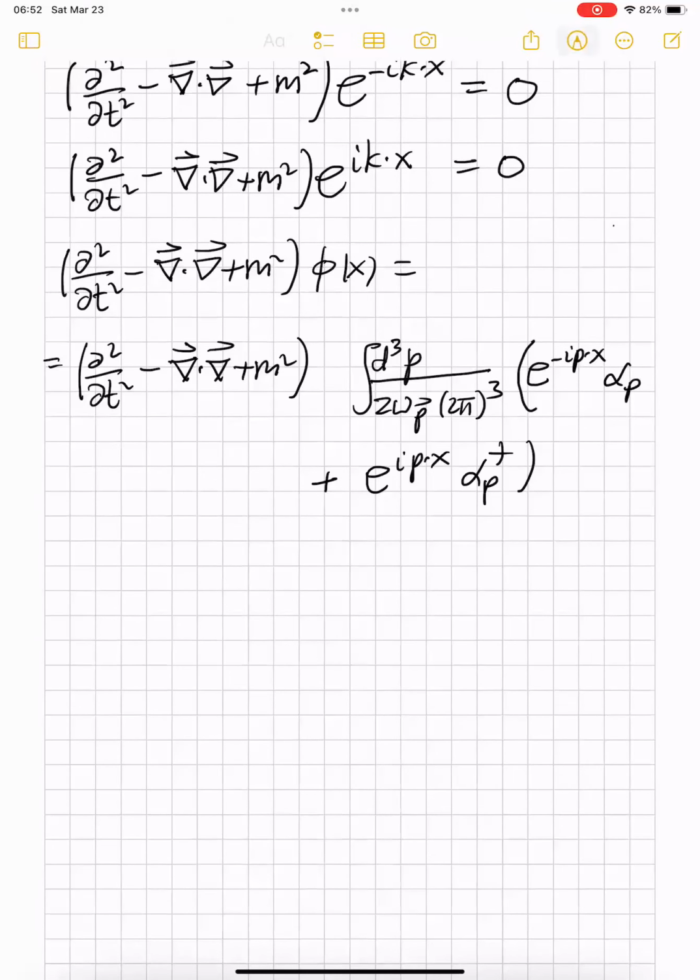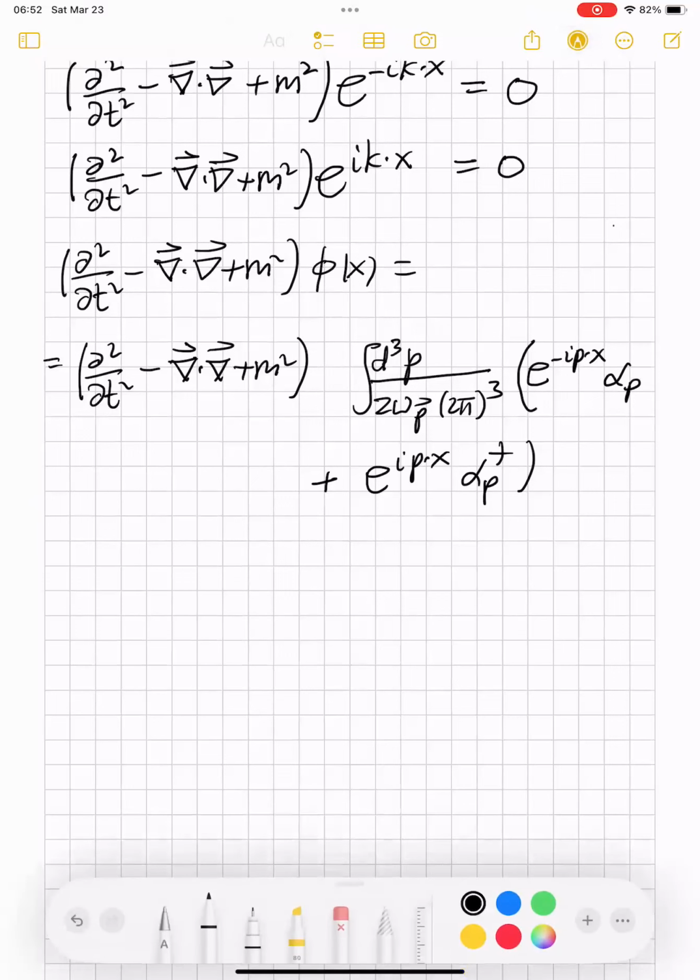Now, when these derivatives act, the only place that they will act is on that exponential and that exponential, because there's no x and t dependence anywhere else. But we know what happens when those derivatives act on the exponentials. Those derivatives acting on the exponentials plus m squared simply gives us 0.